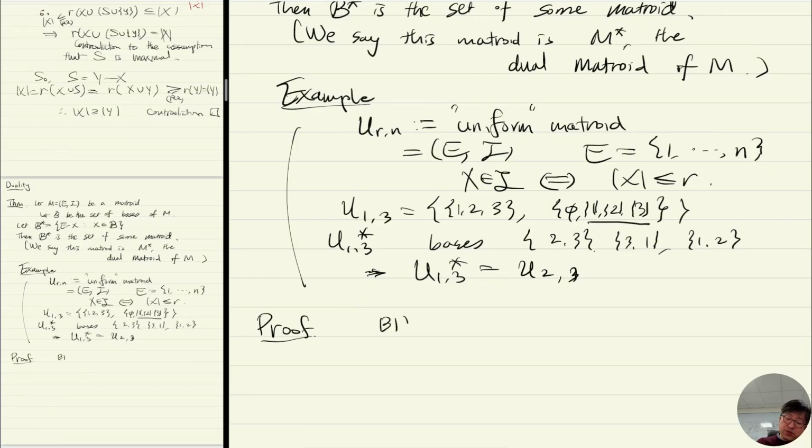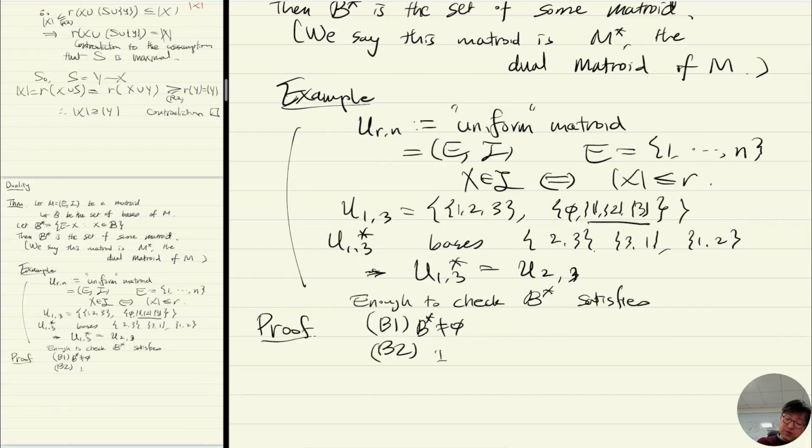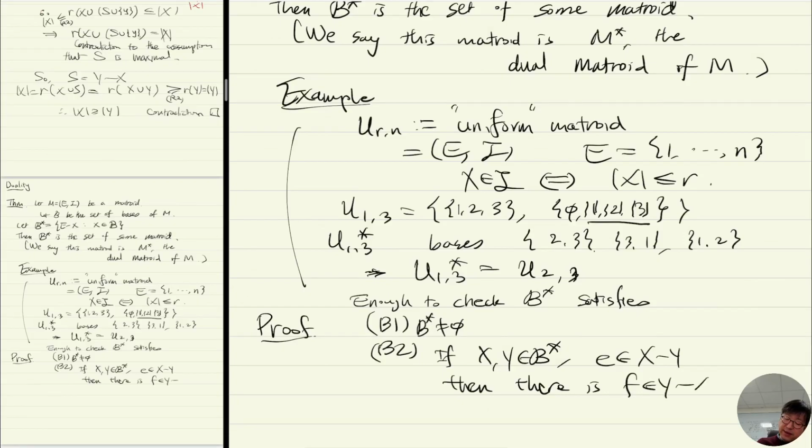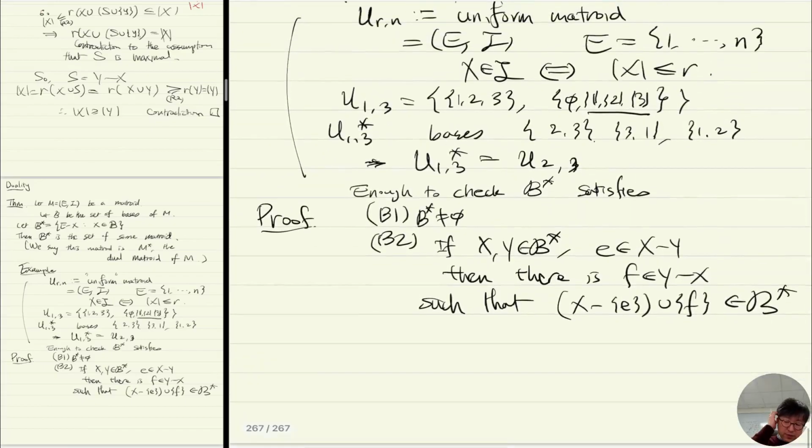Let me remind you of these two axioms. It is enough to check whether the dual B star satisfies B1, so B star is not empty, and B2: if X, Y are in B star, and if E is in X minus Y, then there is F in Y minus X such that X minus E union F is a base.